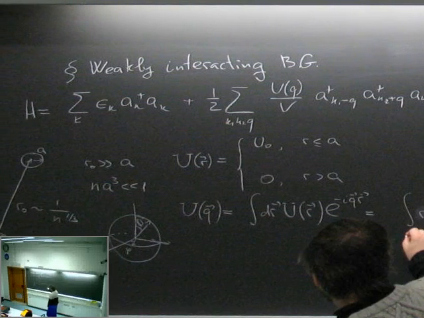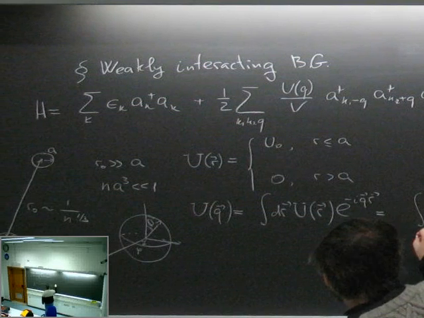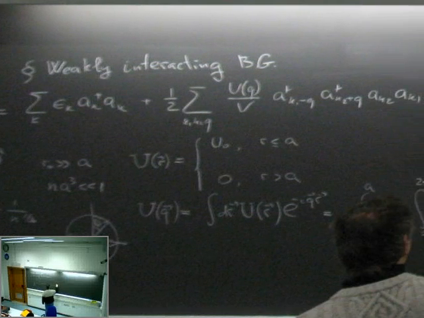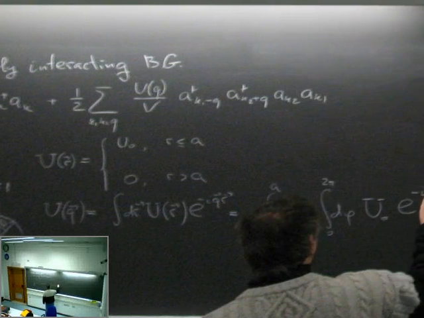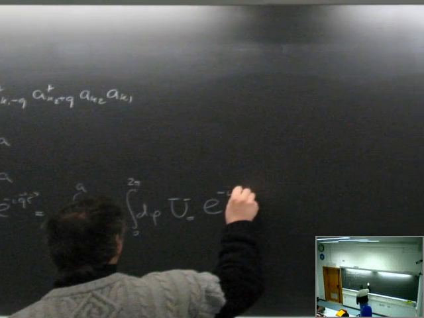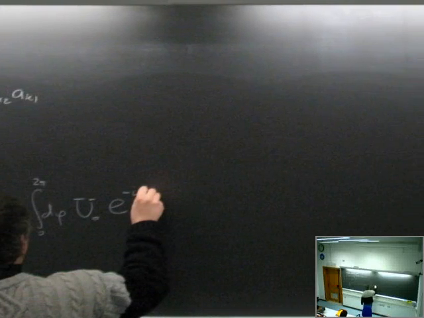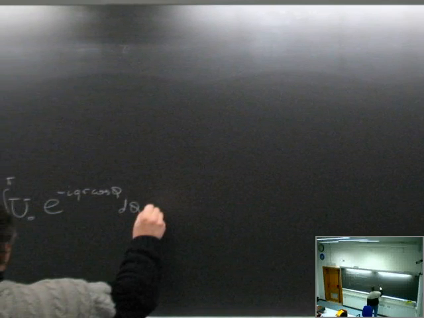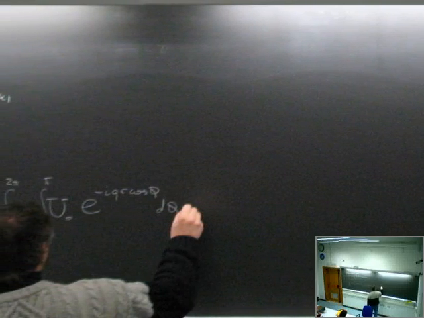And what remains is e to the power minus i q r cosine theta. And of course, I have to integrate from 0 to pi d theta. Okay. So, as I said, nothing depends on phi. I have 2 pi. There is integral from 0 to a r squared dr.